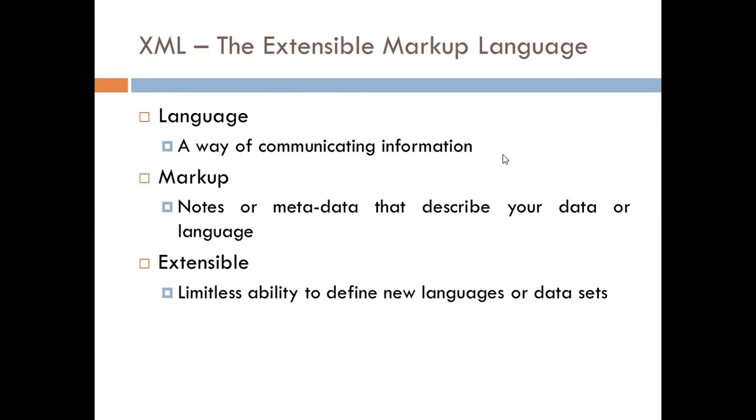It is a way of communicating information. It also follows the markup language syntax. We can store the names or metadata or data itself in the XML. It is called extensible because there is no limit. It has a limitless ability to define new languages or data sets.